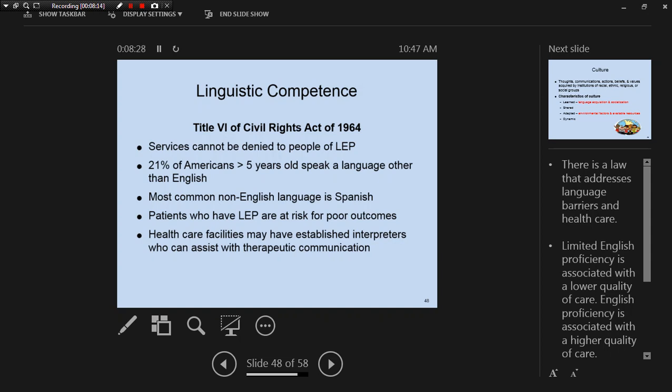We did talk about this a little bit yesterday: healthcare facilities have to have 24/7 established interpreters who can assist with therapeutic communication with people who have limited English proficiency, which means that 24/7 in a hospital, whether by phone or in person, we need to be able to have access to interpreters of various languages. It's the law.